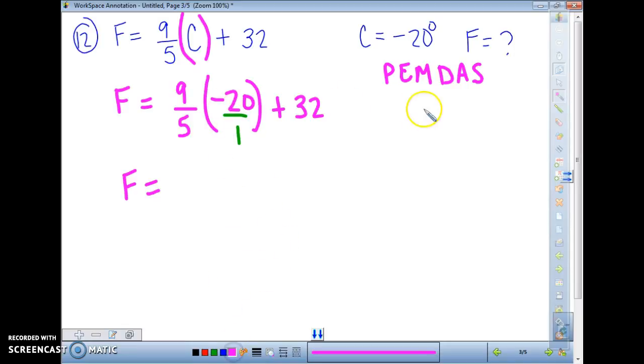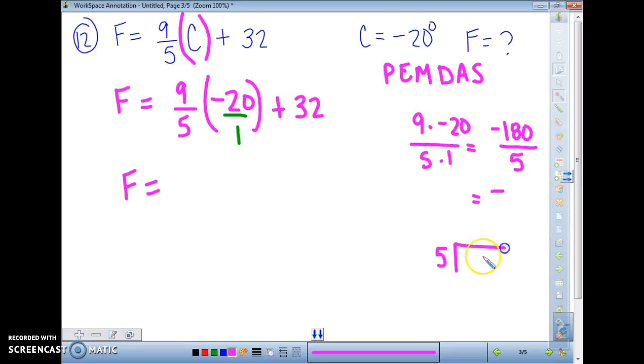Okay, come over here, do a little top times top, bottom times bottom, if you want to. Okay, so 9 times negative 20 gives me negative 180. And I'm going to divide that number by 5. I know it's going to be a negative something, right? I'm going to come down here and figure out what that is. 5 into 18 is what, 3?